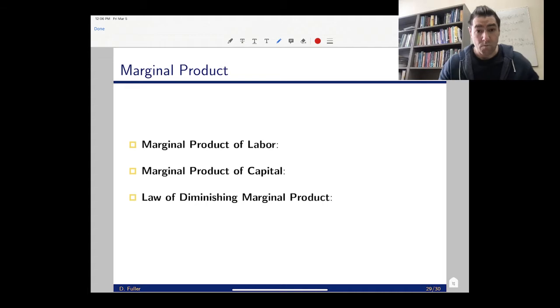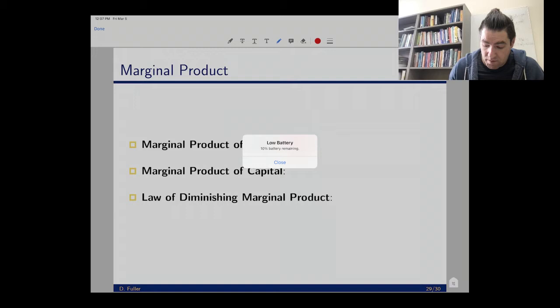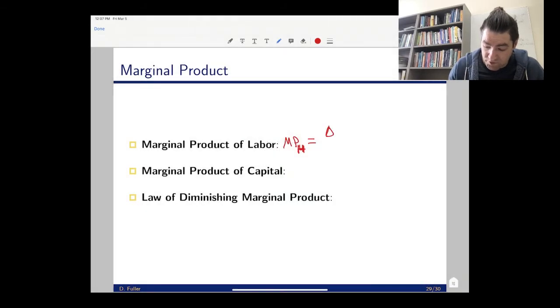What we've just calculated is actually what we call the marginal product of labor. The marginal product of labor, which I'll typically call MPL or MPH, I'll call it MPH since we'll stick with efficiency units of labor, is the change in Y divided by the change in H, or change in L, right?